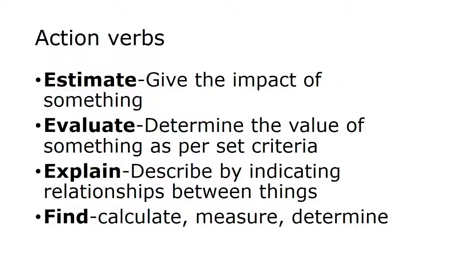Give the impact, how effective is something. Evaluate. You must be able to determine the value of something as per set criteria. And explain, this is also a must. Explain. You must be able to describe by indicating relationships between things. That's what it means to explain.